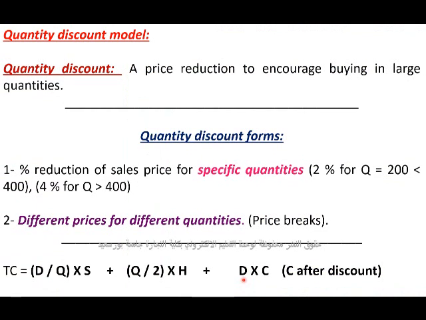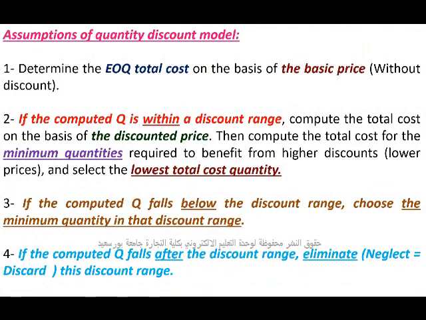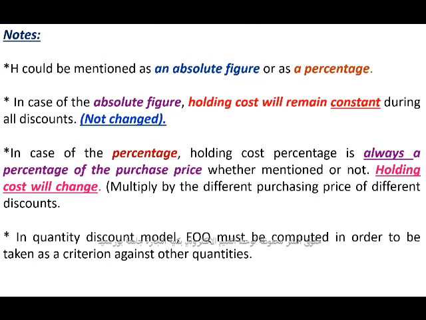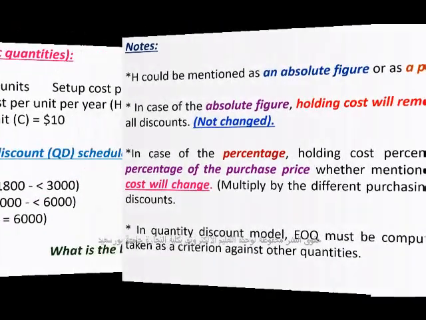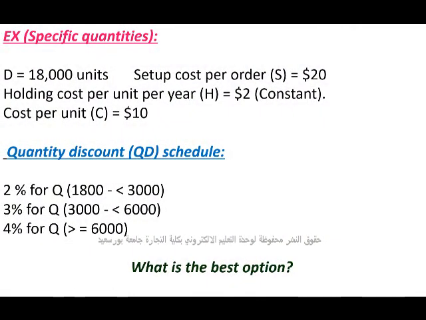Purchasing cost is demand times cost per unit. The information in this slide is very important for you. It summarizes what I said about discounts and the EOQ model. See the following information.